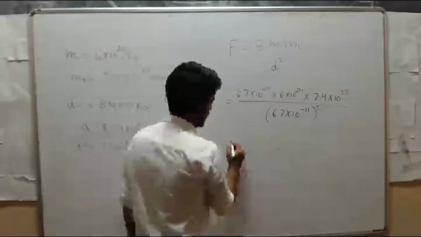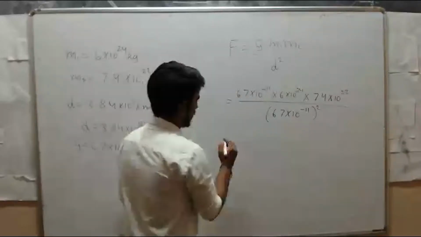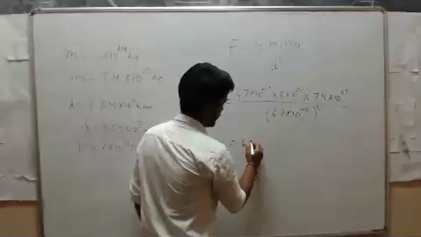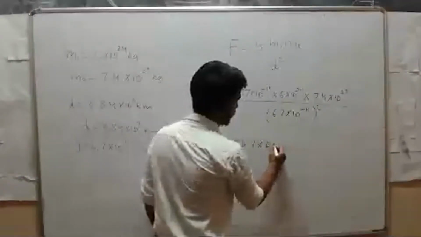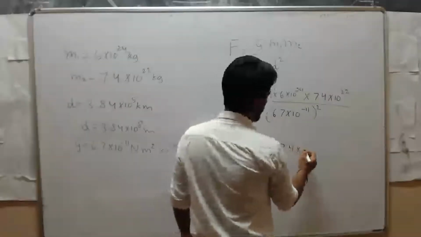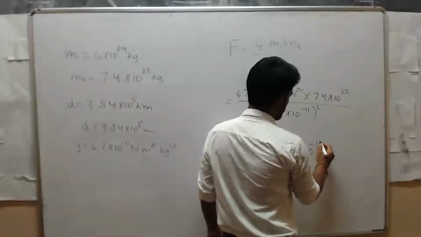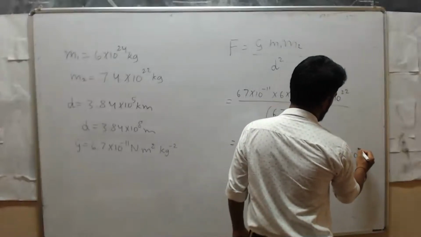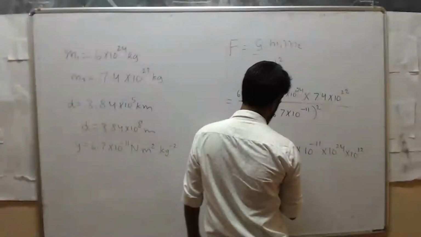So here you can write like this: 6.7 into 6 into 7.4, into 10 raised to the power minus 11, into 10 raised to the power 24, into 10 raised to the power 22.